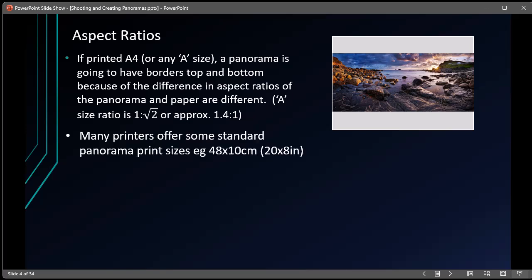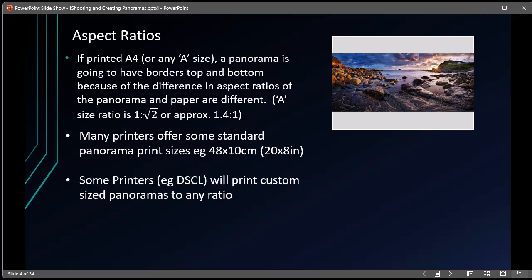Many printers offer some standard sizes of panorama, as we've already mentioned, 48 by 10 centimeters or 20 by 8 inches being a typical offering. Some printers, such as DSCL, will print custom sized panoramas to virtually any ratio.